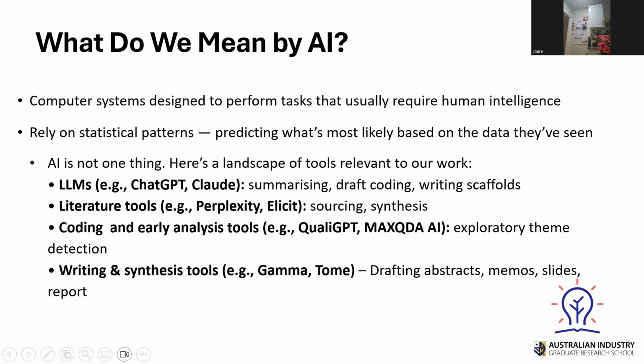But basically what we're talking about is computer systems that are designed to perform tasks that usually require human intelligence. What they actually do is rely on statistical patterns, predicting what is most likely, based on the data that they've seen.